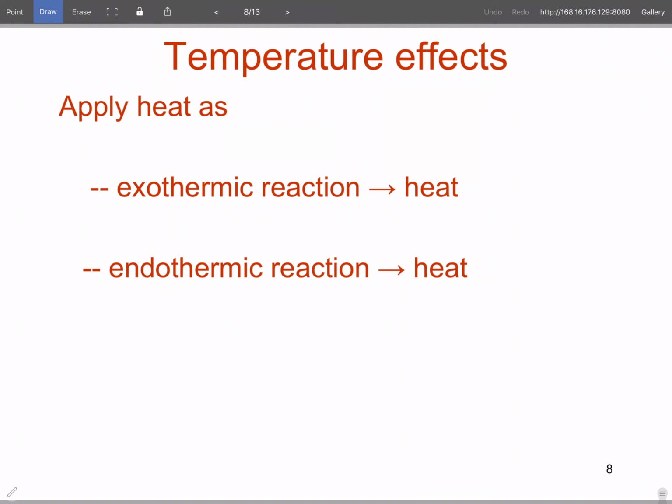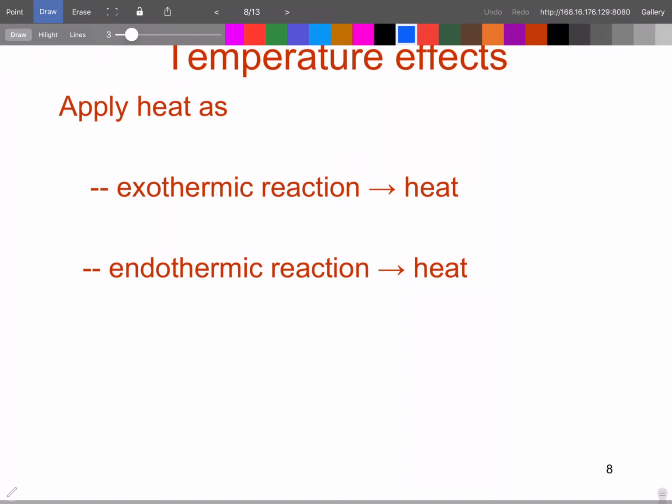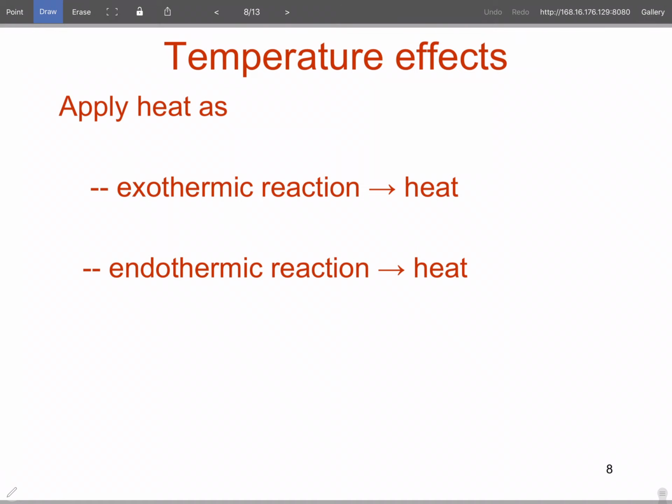Okay, the next effect is temperature. Well, temperature is actually really easy if you apply heat as either a reactant or a product. So if you think about it, in an exothermic reaction, heat is given off, so it's a product. In an endothermic reaction, heat is a reactant.